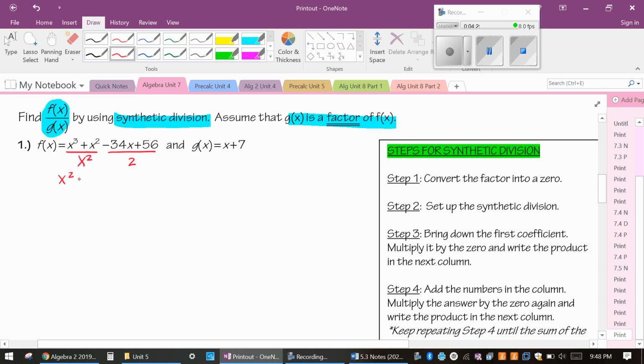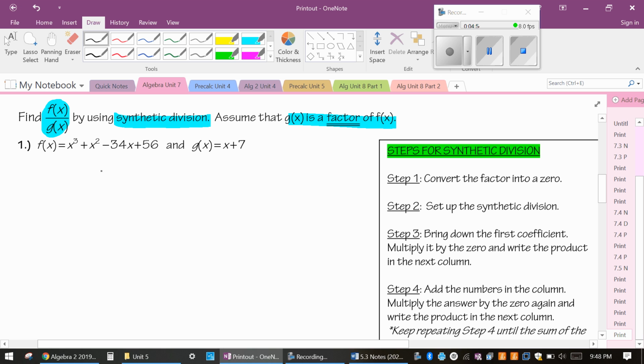And if you look, if you take out an x squared and a -2, this does not give you the same answer as this. So this cannot be factored by grouping. That means you're going to use synthetic division.